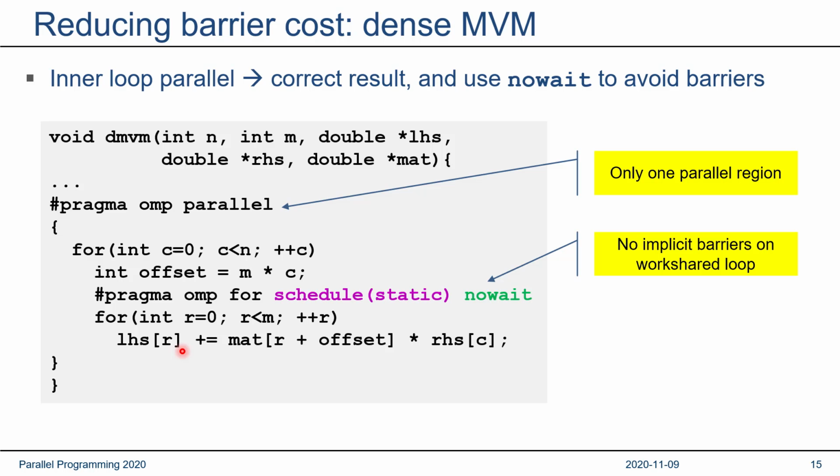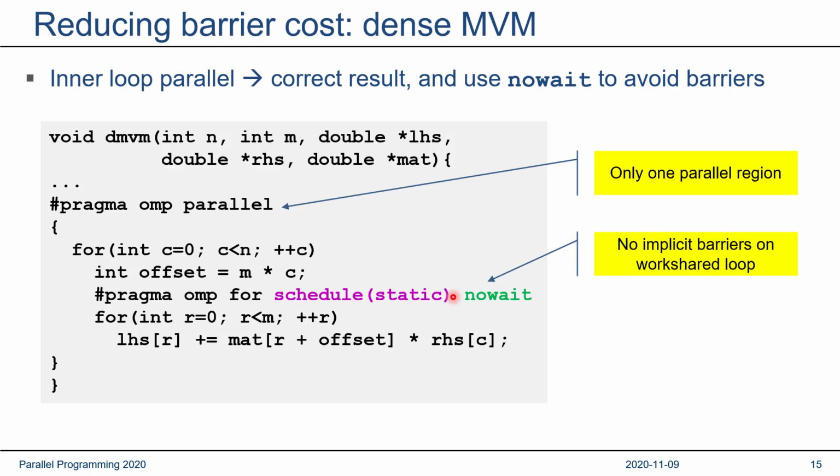So we have to make sure that the sections of the left-hand side array to which each thread writes are disjoint. How do we do that? We have to tell the runtime that the assignment of threads to iterations is always to be the same. This can only be achieved by static scheduling. So this is a case where we actually need the schedule clause.